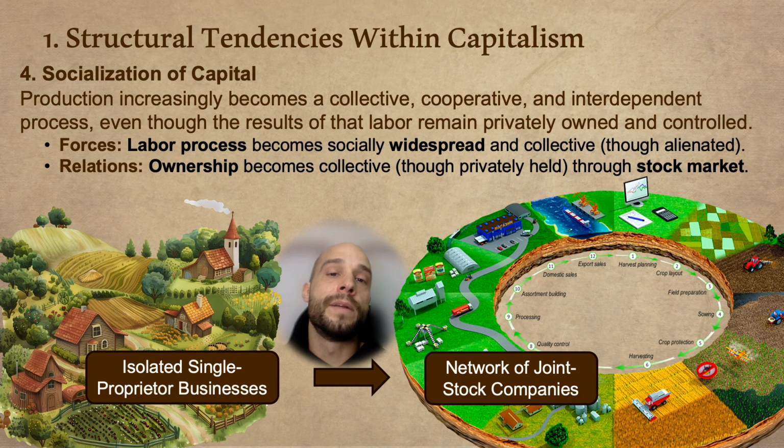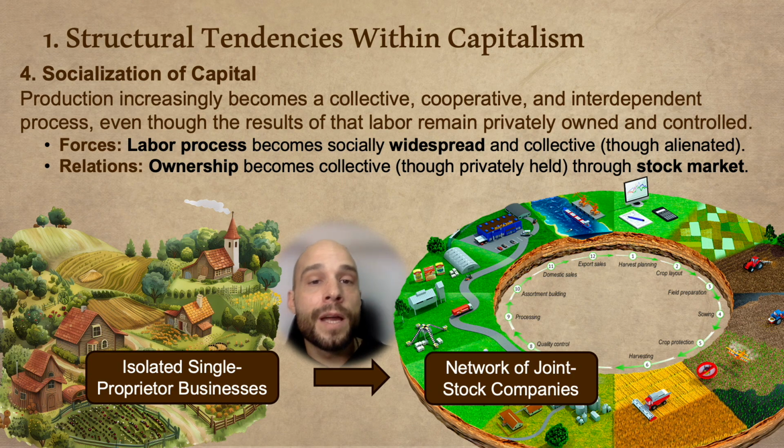Here's the key point. The transition from isolated, single-proprietor enterprises to a vast network of socially owned but privately controlled capital demonstrates that capitalism already relies on collective labor and collective coordination.